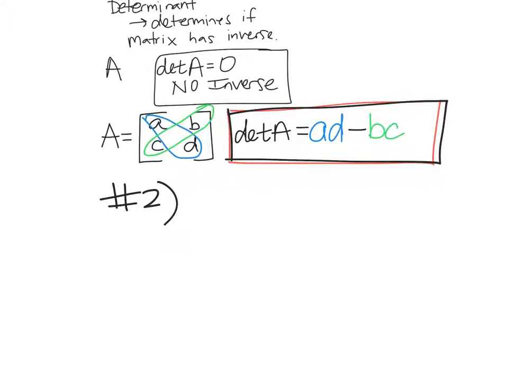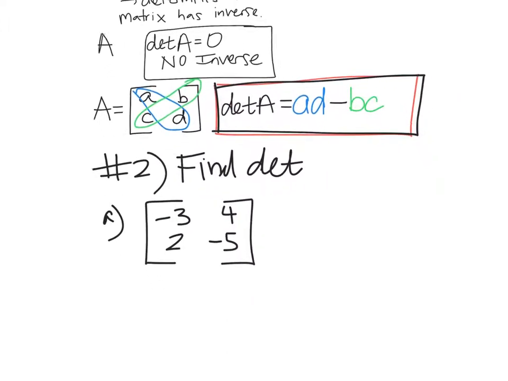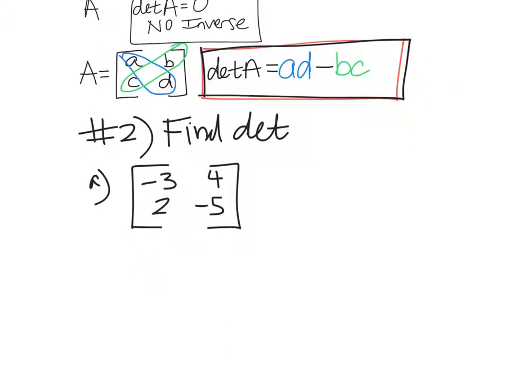Okay. Here we go. So, number 2. Find the determinant of the matrix. So, let's say that our matrix is -3, 4, 2, -5. Okay, we're just doing 2 by 2s. Finding a 3 by 3 is different.